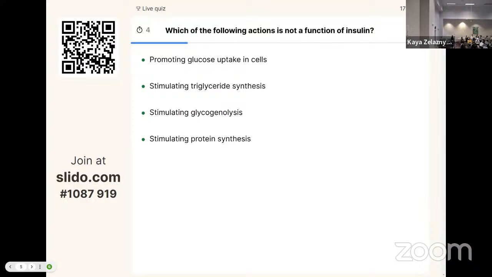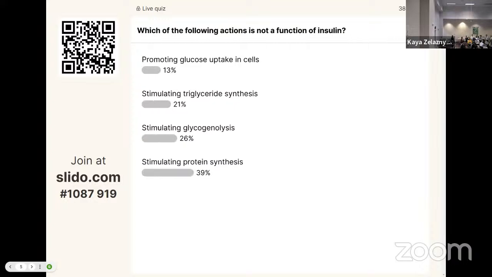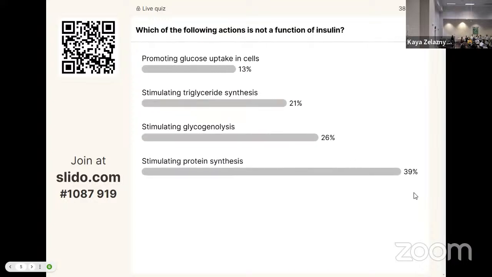All right, this time we're just going to run a bit fast for this. So last time, when we were talking about absorption and absorptive, we were categorizing our two states as either building stuff up or breaking stuff down for the most part. So insulin during our absorptive state is the building stuff up hormone.